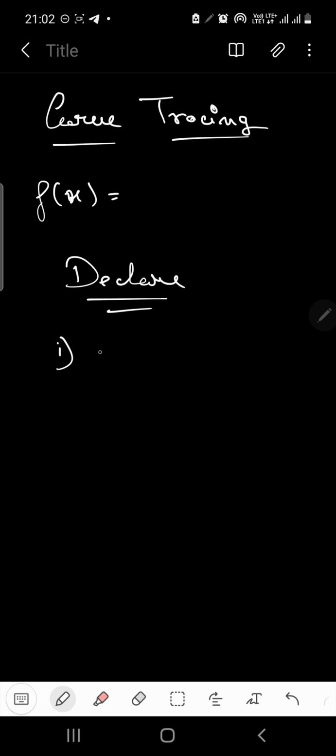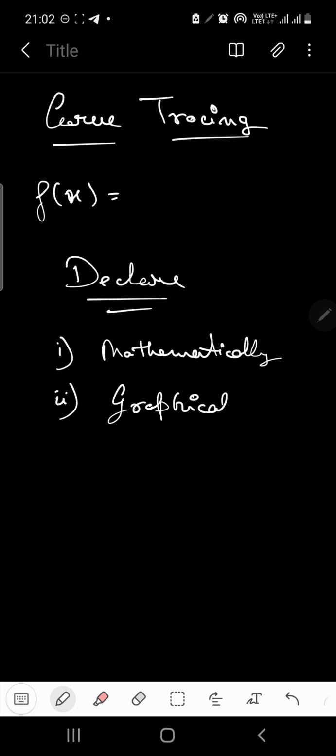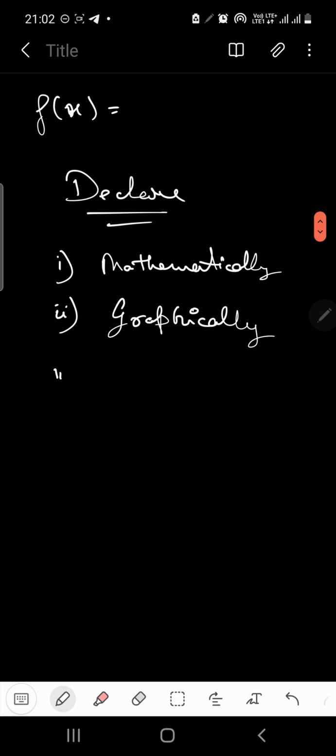You can declare it mathematically, or by using a formula of the behavior of the function. You can declare a function graphically. You can declare a function using a tabular form.